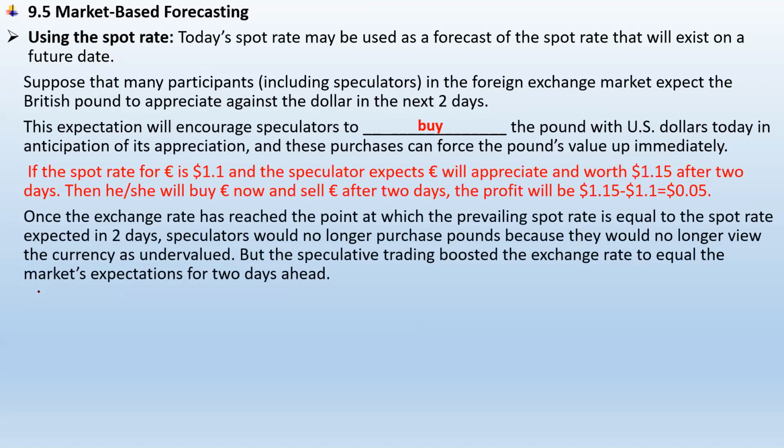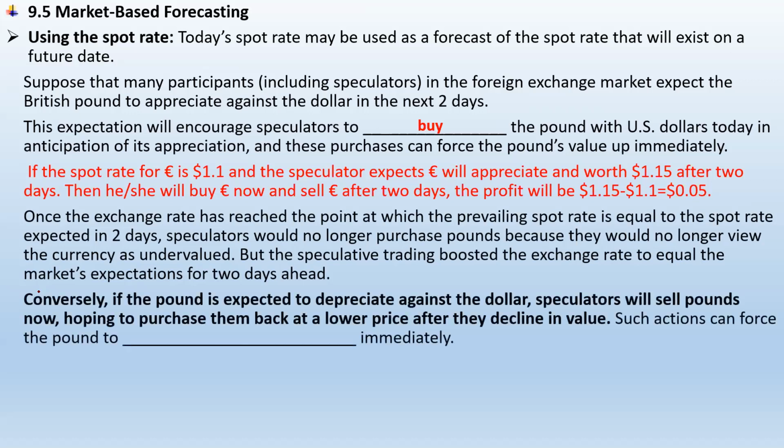So that's the reason why we say if the market participants expect that the currency will appreciate against the US dollar, the price of this foreign currency will increase immediately and reach the expected value. Conversely, if the British pound is expected to depreciate against the US dollar, the speculator will sell short the British pound.